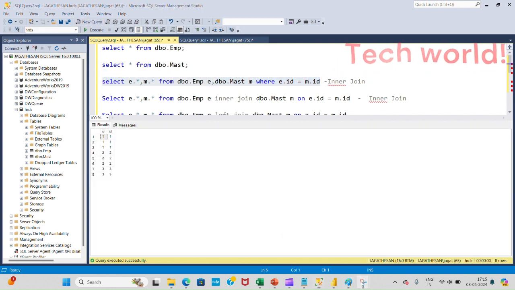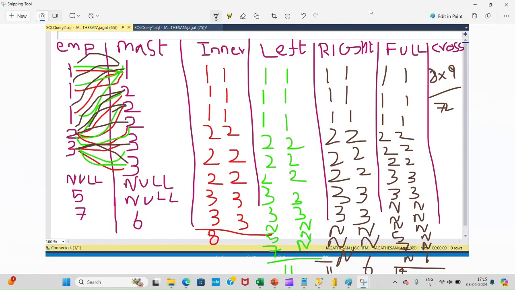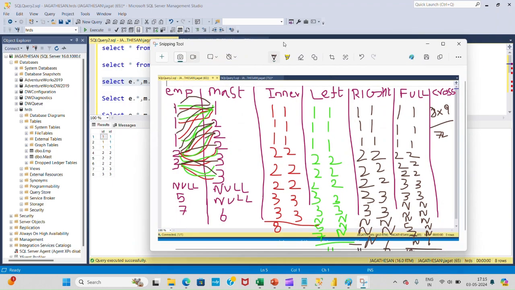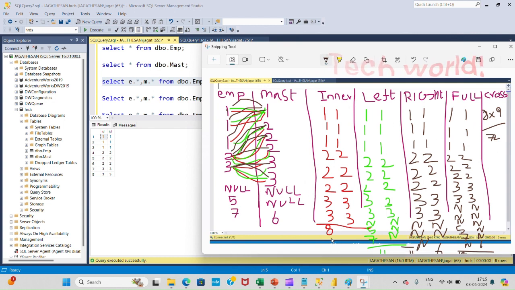So let's verify. Inner join total record is 8. So count is 8: 1 three times, 2 three times, and 3 two times. So the total count is 8, matched.